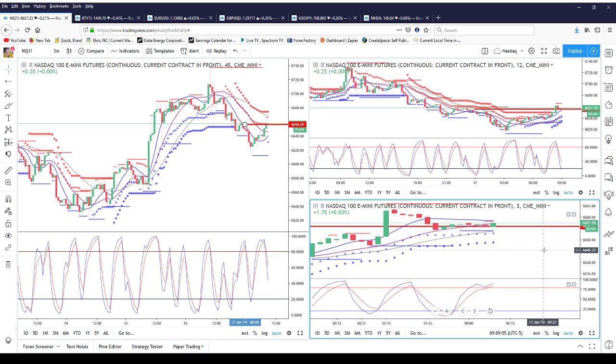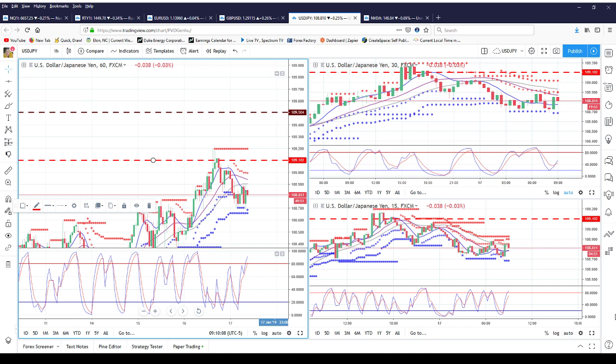That's about it. I do not like the holding through the market opening on those.